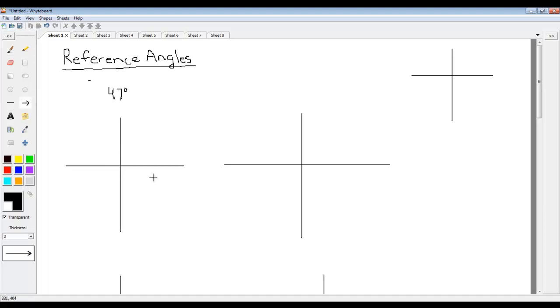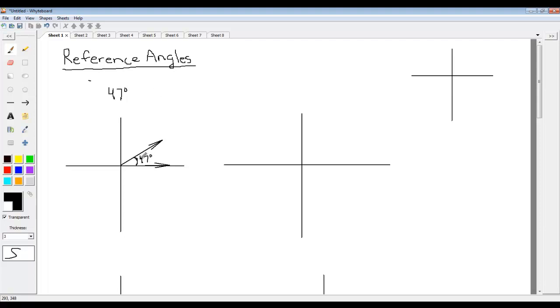Well, the initial side would start from the origin and lay on the x-axis. The terminal side, though, you'd measure out 47 degrees. I'm not actually measuring this out, I'm just guesstimating. But this measure right here would be 47 degrees.